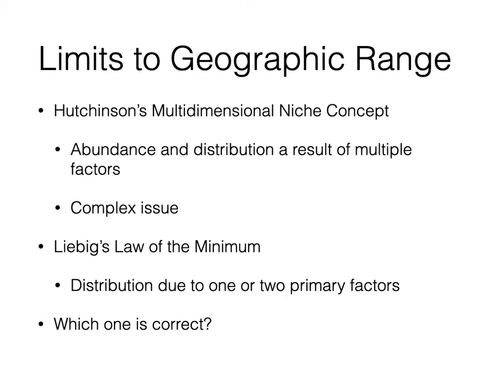And so the question in all of these becomes, which one of these principles or concepts is correct? There certainly are cases where Liebig's law of the minimum is the case. One of the primary things that limits, let's say, Burmese pythons from colonizing Alaska is the fact that it gets really cold and that Burmese pythons are not well adapted to the cold.